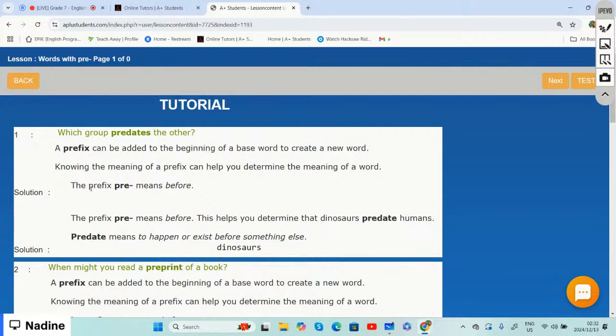And knowing the meaning of the prefix will help you to know the meaning of whatever the base word latches onto. And we say pre means before.